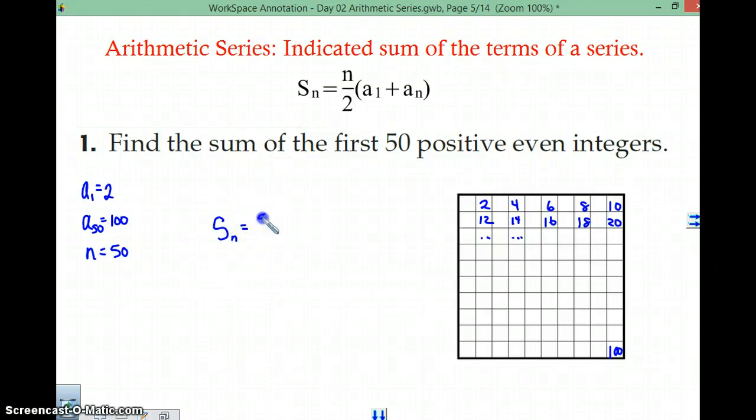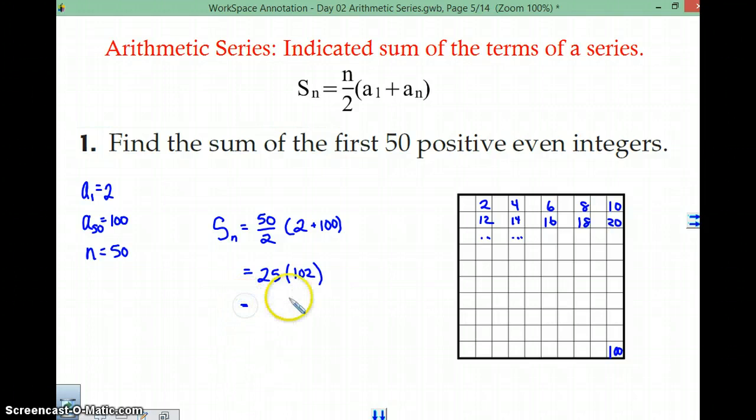This equals 50 over 2 times 2, that's your a sub 1, plus 100. And that equals 25 times 102.